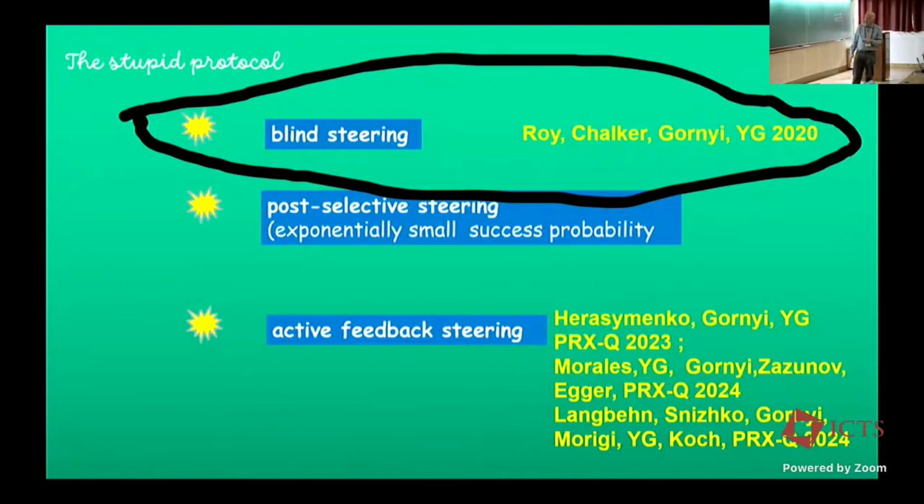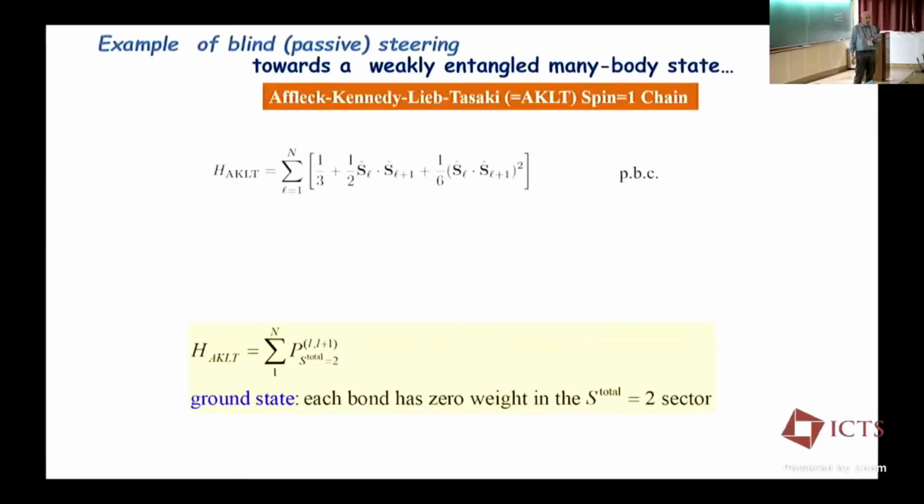So let's see how this works in a paradigmatic example. I consider an Affleck-Kennedy-Lieb-Tasaki, AKLT, chain of spin-1 degrees of freedom.